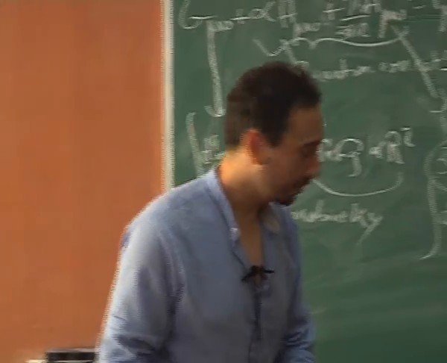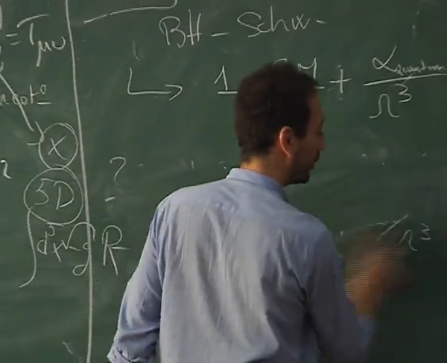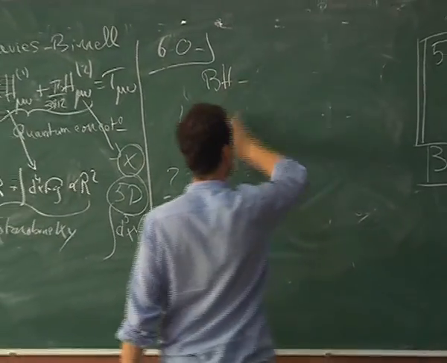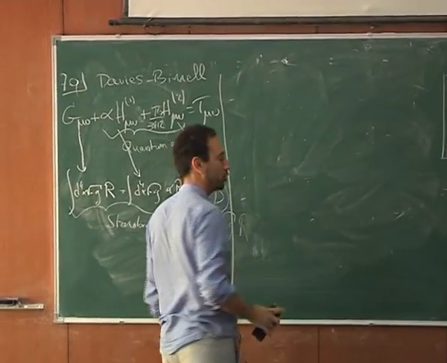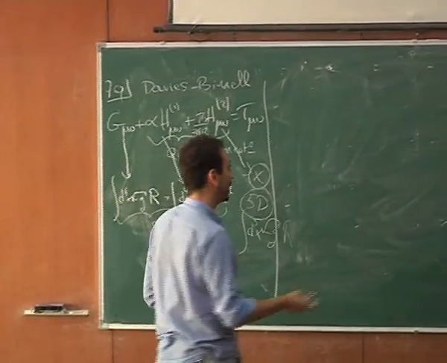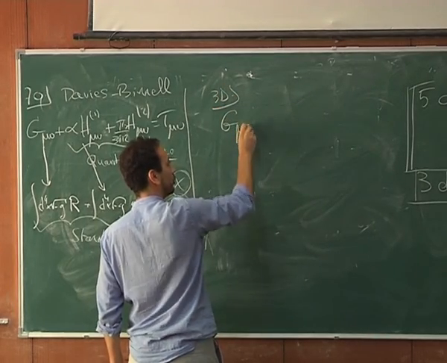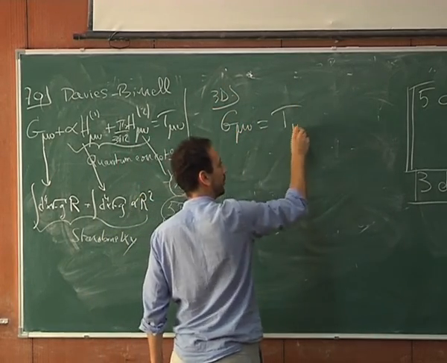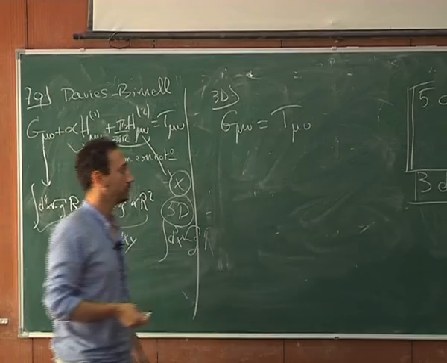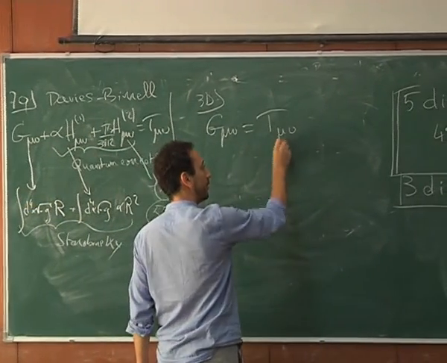So what you can think of then is the following: because I don't have to quantize gravity, because there are no gravitational waves, there is no graviton, you take a theory in 3 dimensions, like G mu nu equal to T mu nu, for example, like Einstein, or any modification of gravity, and you quantize only the matter.